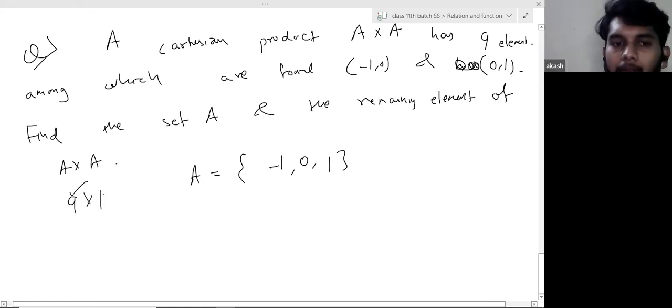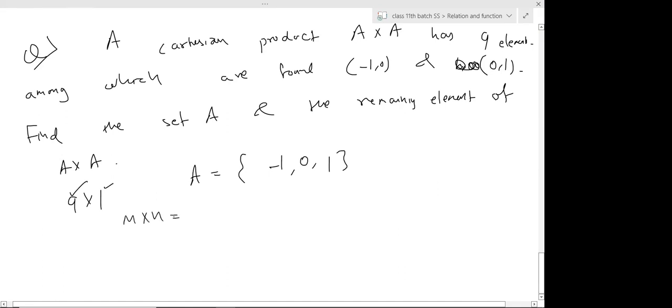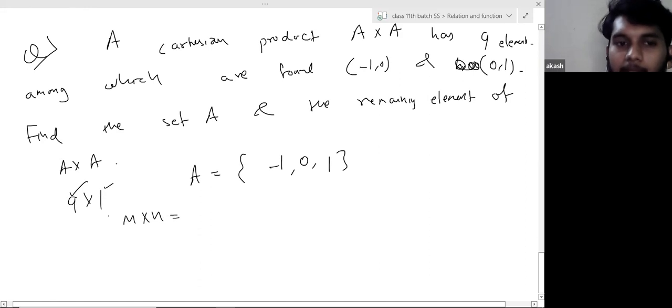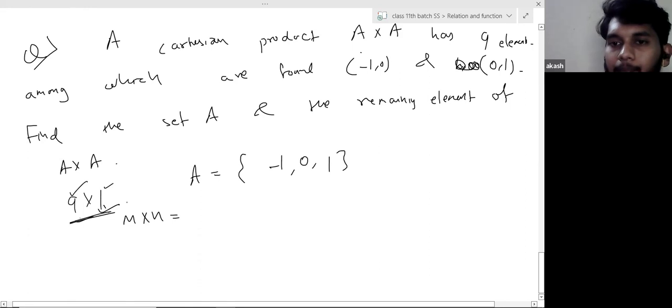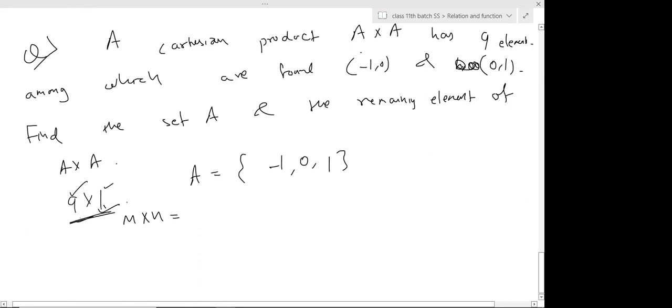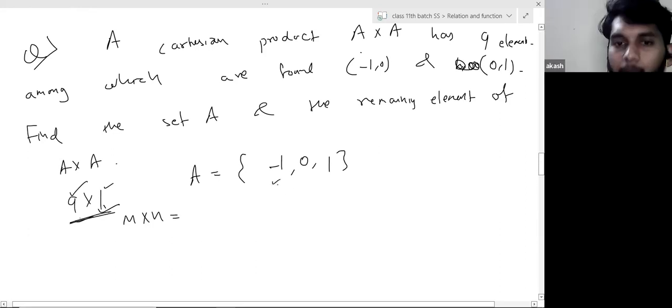So 9 elements and 1 element, no? See, A and A are same. Definitely, so the elements must be equal, right? But suppose they give you A into B, then you should consider those elements also, 9 into 1. All right. Arnav, this is clear. Yes, sir. All right. Now, how did we get the elements -1, 0, and 1?